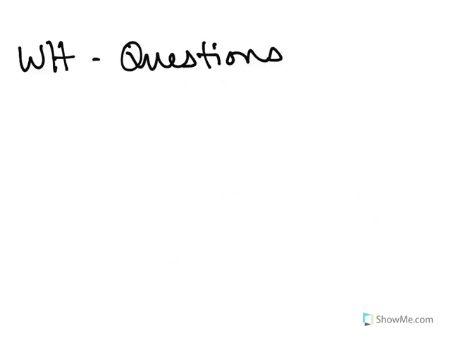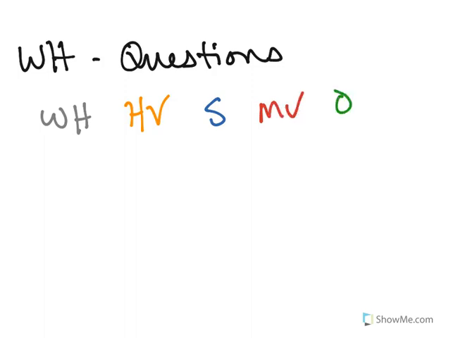And for WH questions, again, my formula is really the same. I start with the WH word, then the subject. Oops. Not the subject, the helping verb, then the subject, the main verb, and the object. So that, again, that formula is very similar to what we have seen before, and I might say something like, let's do where.